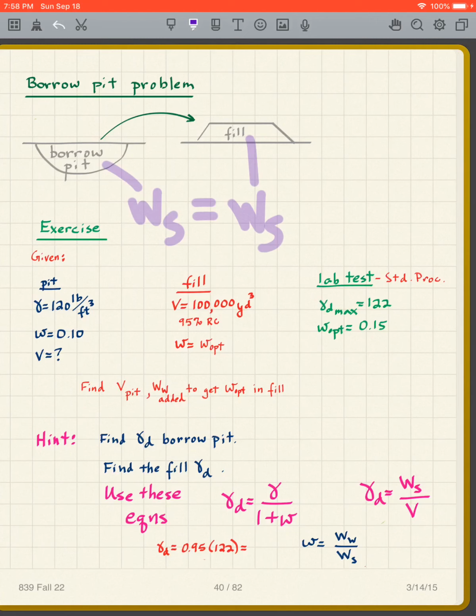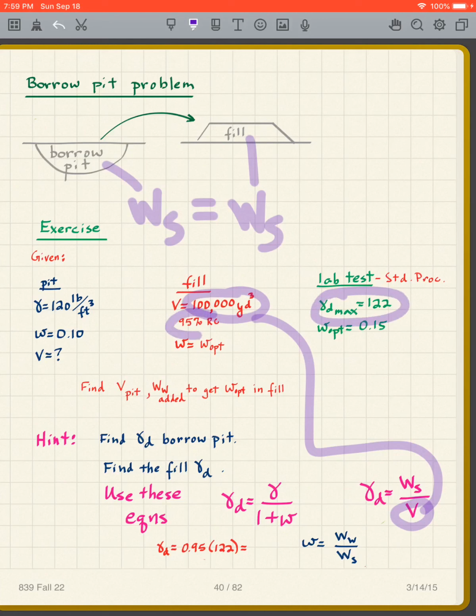So I'm going to give you a hint on how to do this: find the weight of the solids in the fill that are going to be there. Because we have the volume, which is here, and you need to get the gamma D. So you take your gamma D max and multiply by 0.95, so you take those two, and that's going to go in here.